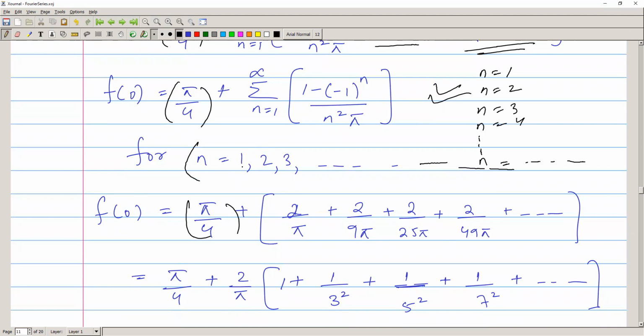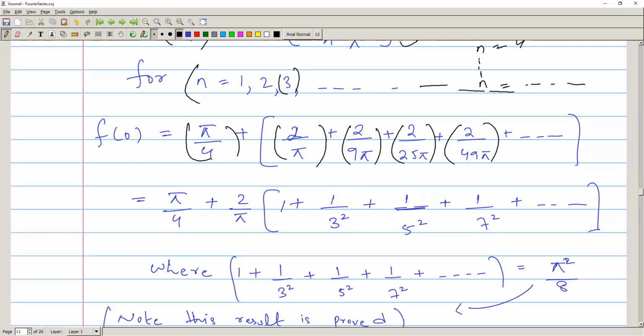When we apply n equals 1, we get 2 over pi. When we apply n equals 2, we get 0, because 1 minus (-1) to the power 2 is 1 minus 1, which is 0, right? When we put 3, we get 2 over 9 pi. When we put 4, we get 0. When we put 5, we get 2 over 25 pi. Similarly, for every even n it's 0, and for every odd n we get a value.